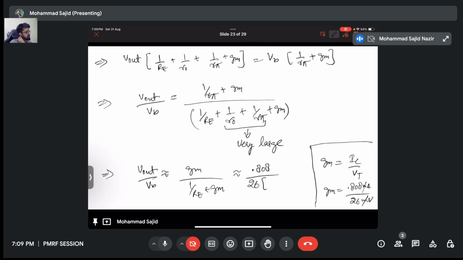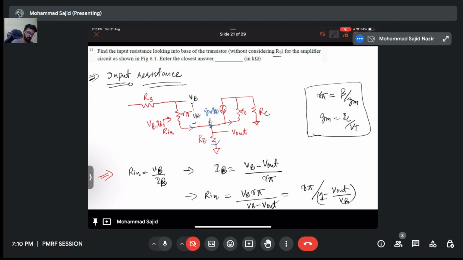Multiply by 1 by RE. RE is given, that is 1 by 10K, plus Gm, that is 0.808. So this value comes out to be 0.995.